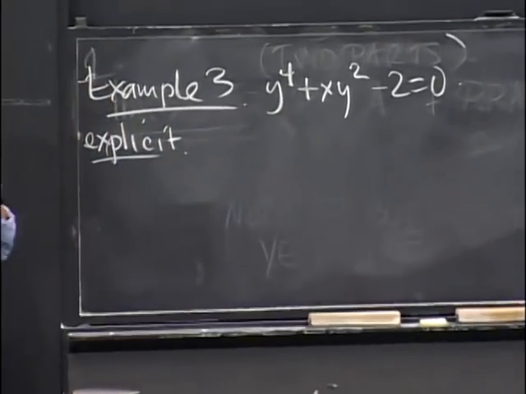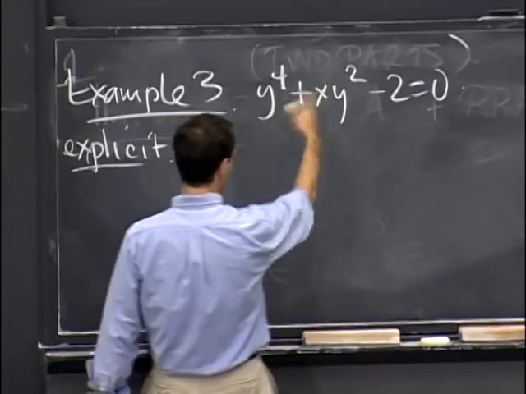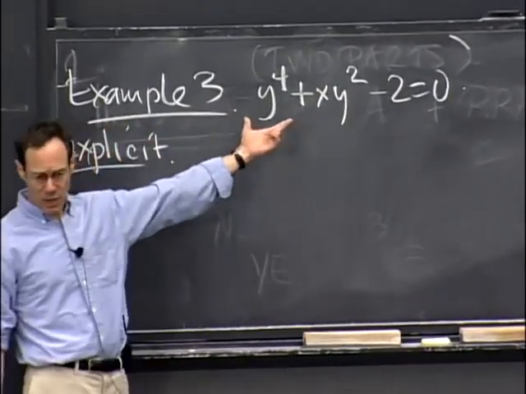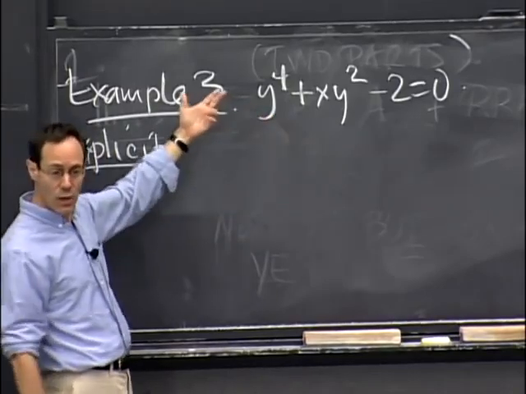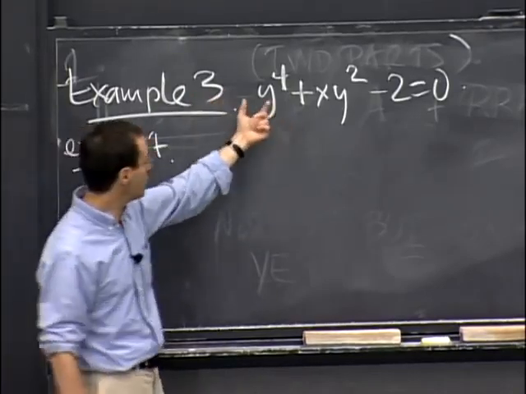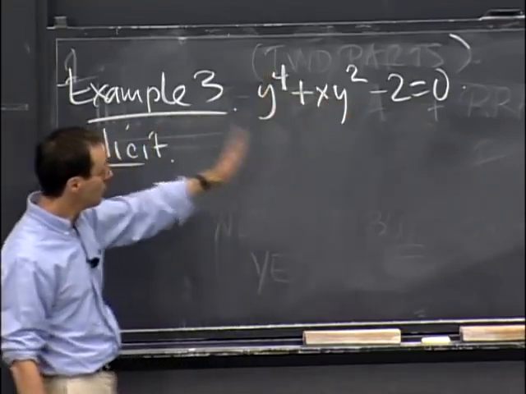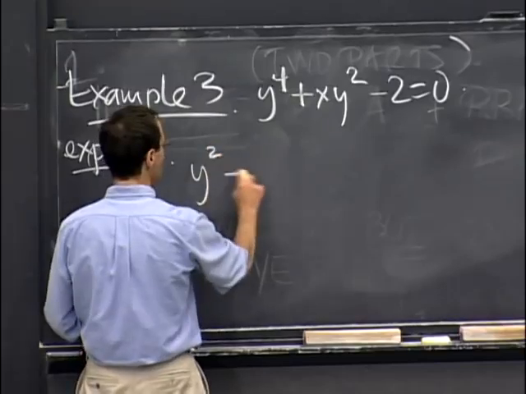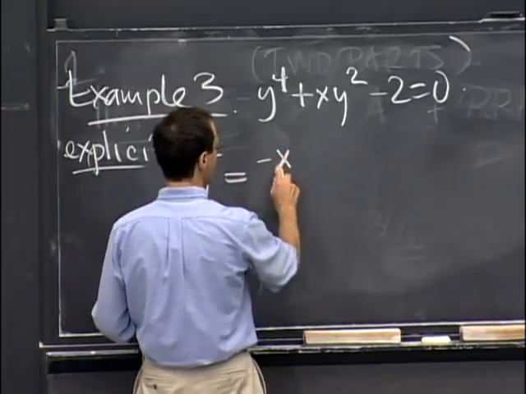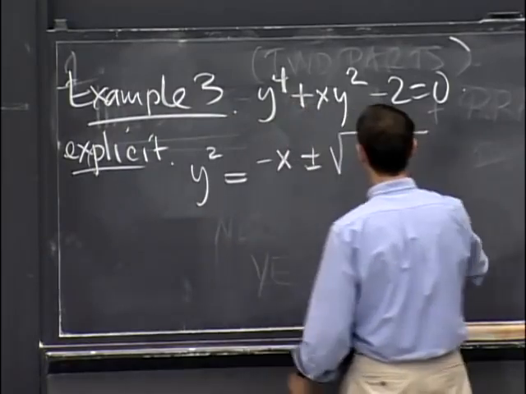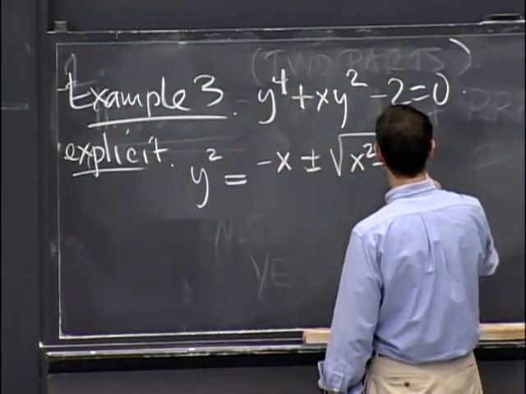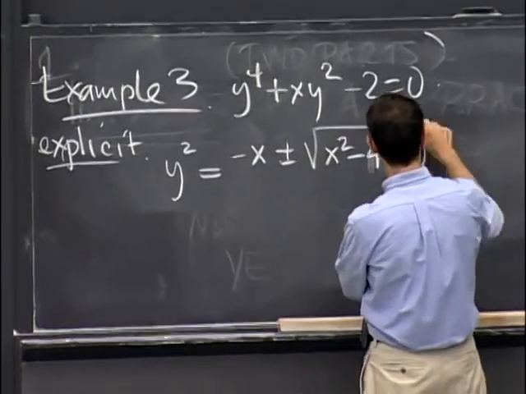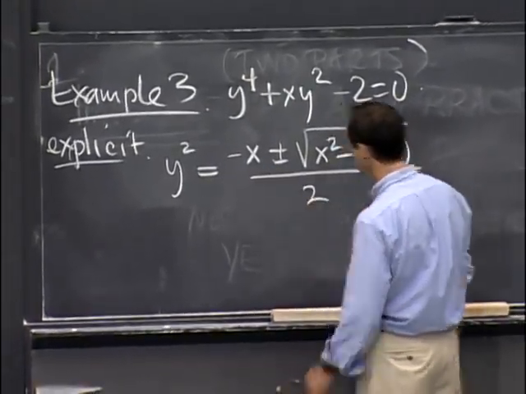Okay? So the explicit method would say, I want to solve for y. So I'm going to use the quadratic formula, but on y squared. This is quadratic in y squared, because there's a fourth power and a second power, and the first and third powers are missing. So y squared is equal to minus x plus or minus the square root of x squared minus 4 times minus 2, divided by 2.